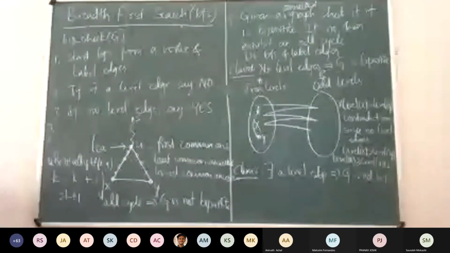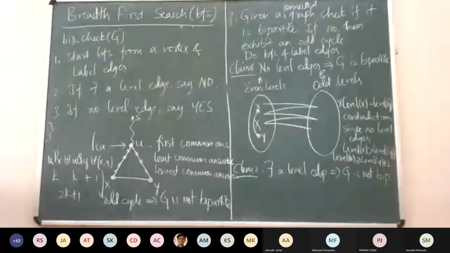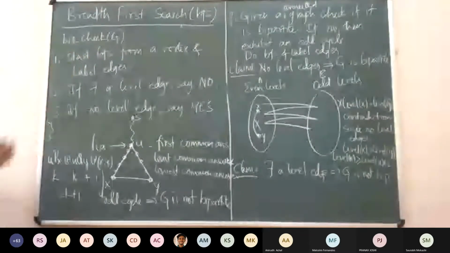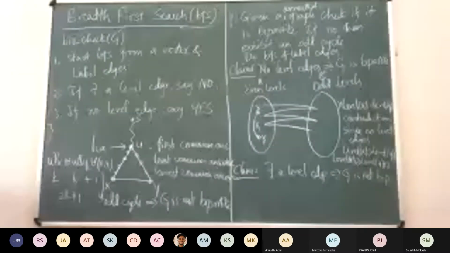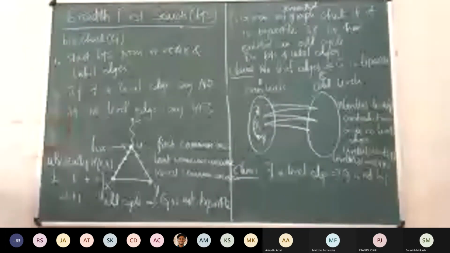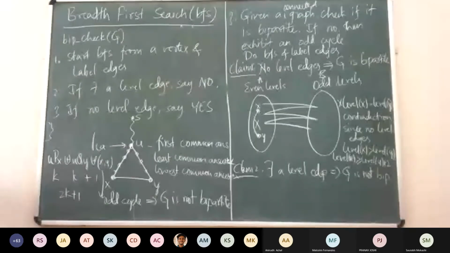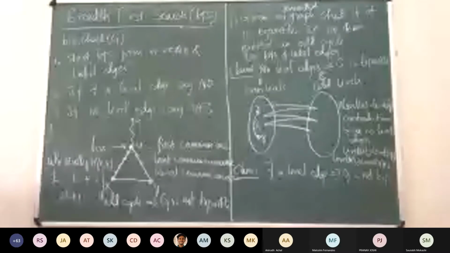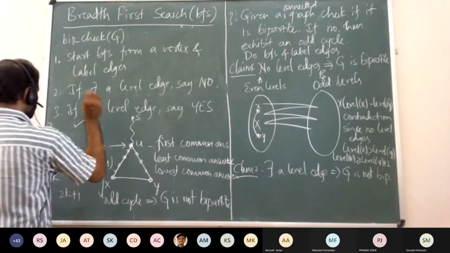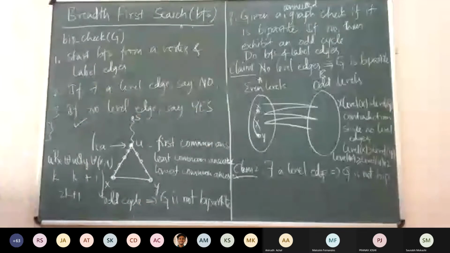If it says yes or no wrongly, it is not the right algorithm we want. In both cases it should give us the correct answer. Here we have proved that when it says yes, we have given the bipartition, and when it says no, we have shown an odd cycle. So in that sense, the algorithm we have come up with is correct. Claim 1 and claim 2 give us the proof of correctness.